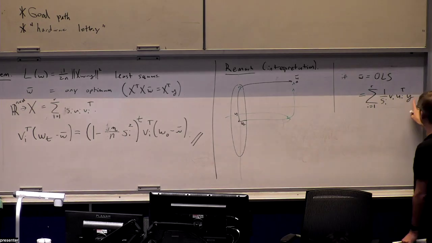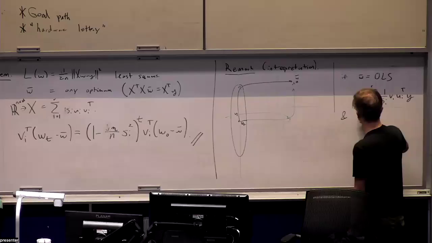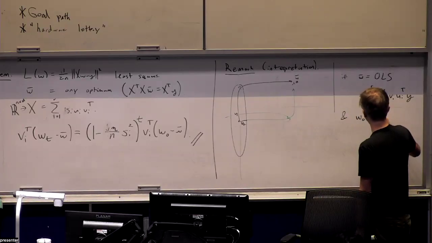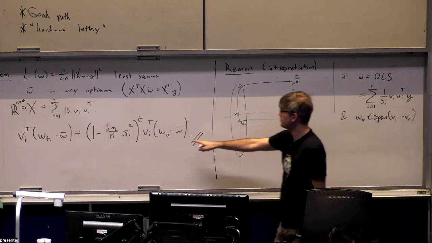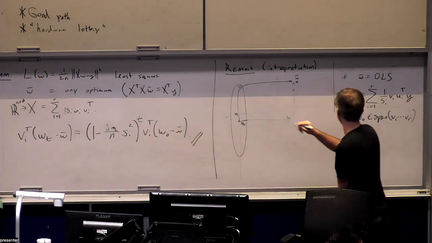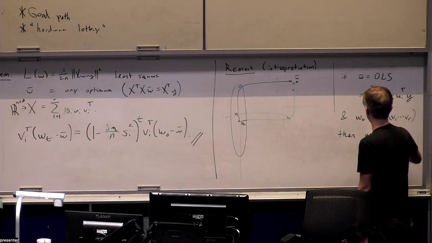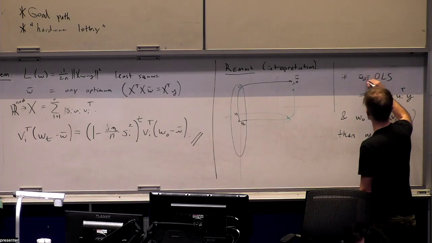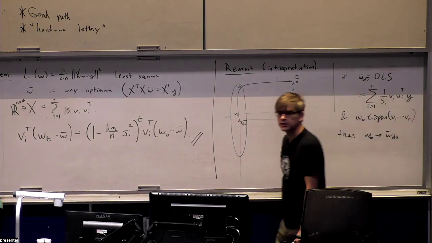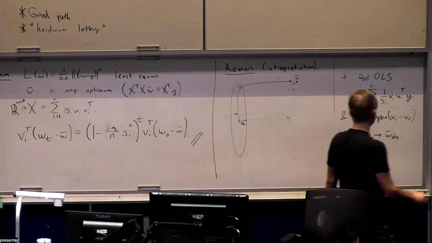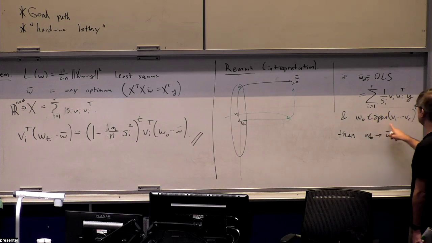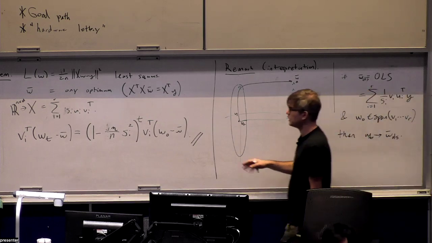Okay, so if it's this, and W0 is in the span of V1 through VR, then this implies that WT goes to W_OLS, the ordinary least squares solution. It gives a very explicit way to write this down. You can also just do linear algebra on this claim, but you can read it off of this. It also tells you that if I have a component at initialization which is not in the span of the data, then I'll never clear it.